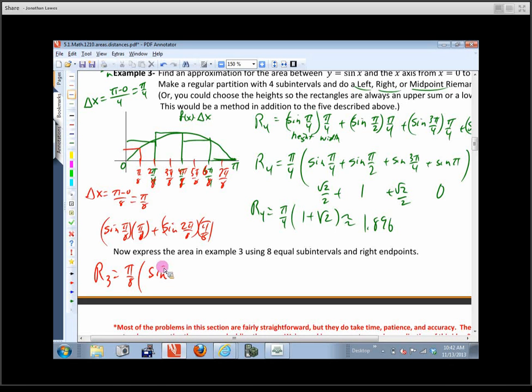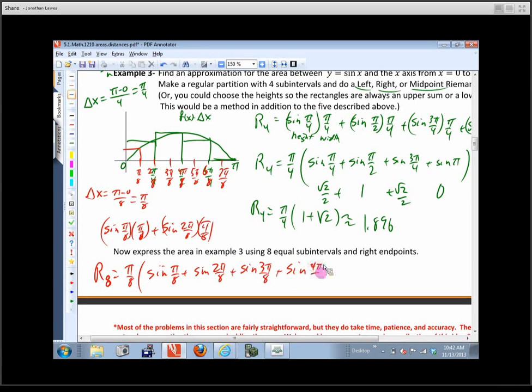What's that? Oh, R8. Yes, thank you. So this is going to be the sine of pi eighths plus the sine of 2 pi eighths plus the sine of 3 pi eighths. And then I don't even have to think about what the graph looks like. I just keep going. Now, you do have to keep track of this.